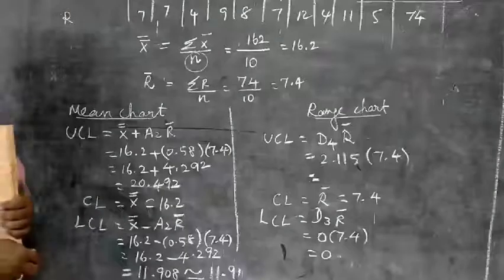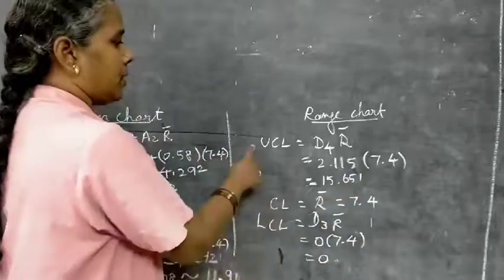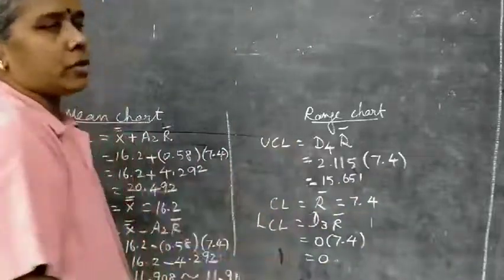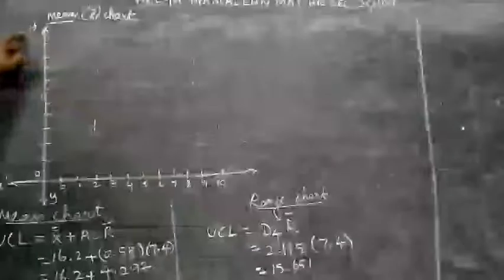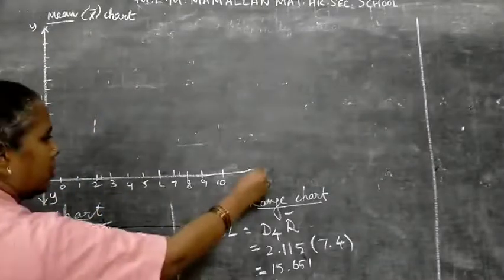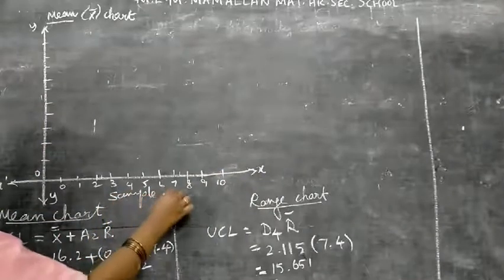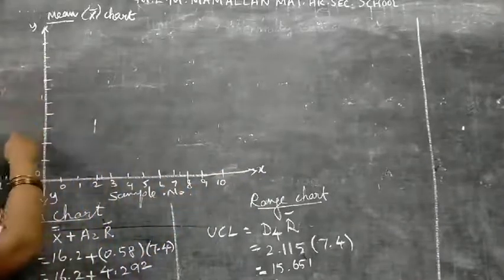Okay, let us move to the graph now. So you write this answer for the upper control limit under the heading X bar chart, and draw the graph like this. Under this, the x-axis is the sample number, and here assign X bar.